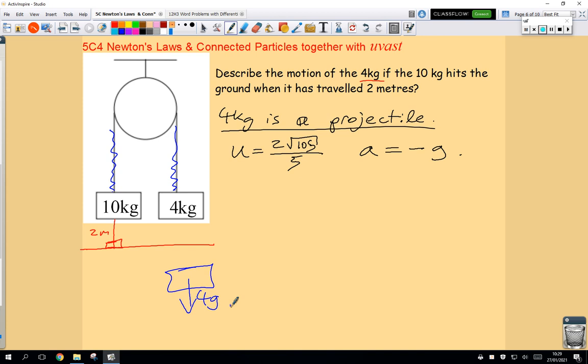It travels up, eventually slows down, stops, turns around and comes back down. At some stage the string becomes taut again, and we have a collision, and then it's traveling under tension again. So it's various phases of motion. Phase 1, traveling under tension. Phase 2, 4 kilogram vertical projectile. Phase 3, collision. Phase 4, traveling under tension again. So that's how it's going to work.